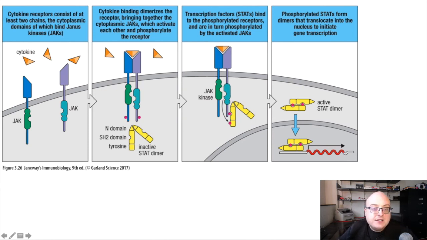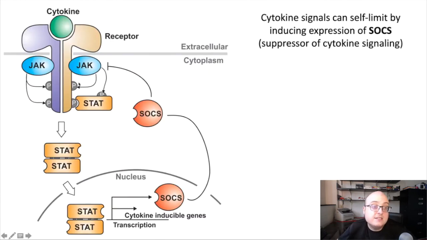Well, another major thing that I want to highlight is that cytokine signals are often self-regulating, and they do so through negative feedback loops. A really famous example of this, and this is what we just discussed: we have a receptor activated by a cytokine. It turns on JAK, which recruits STAT and phosphorylates it, which induces immunological gene expression.